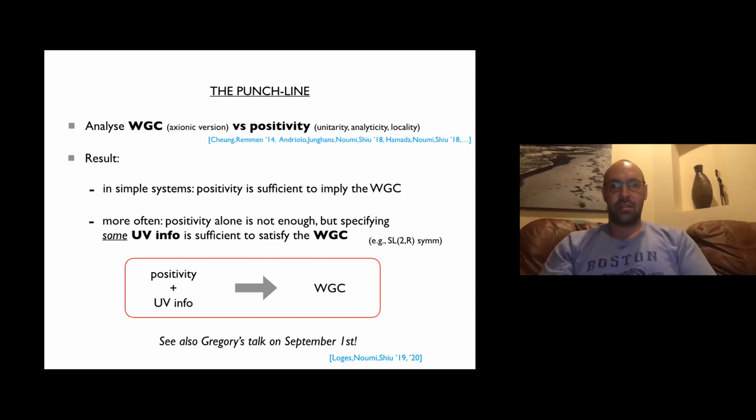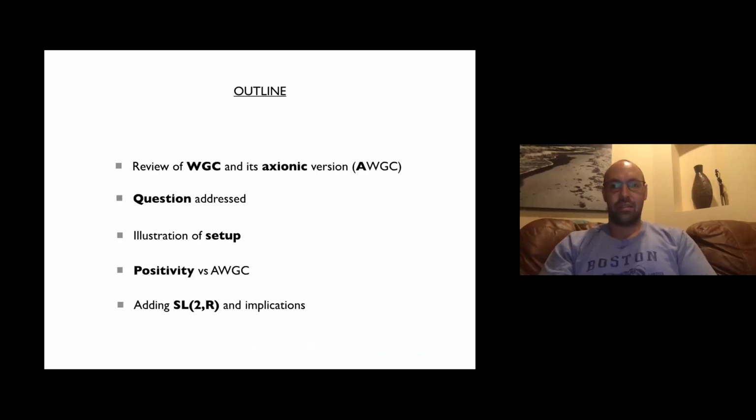Let me also advertise Gregory's talk in September, the next one in the series, where he's going to talk about the same kind of philosophy with a different kind of UV information. And this is the outline of the talk.